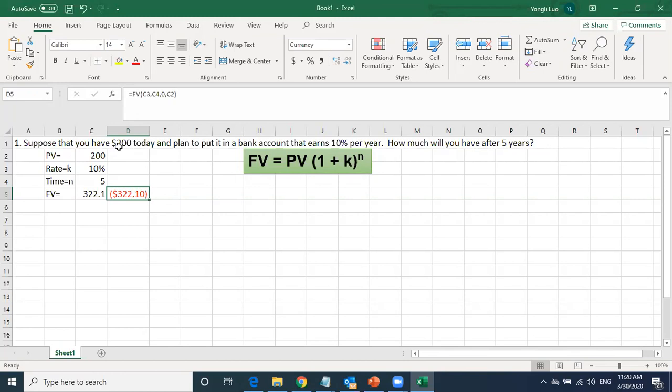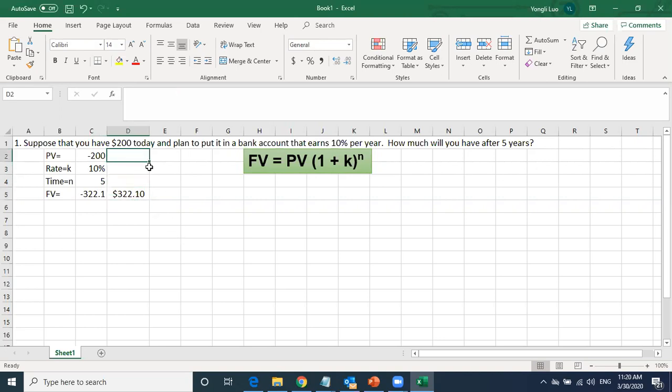You took $200 out of your pocket and will receive this amount in 5 years, or the other way around. So to get this number positive, we typically change the present value to be negative.